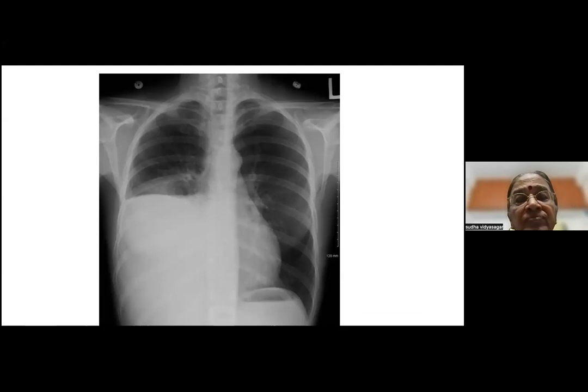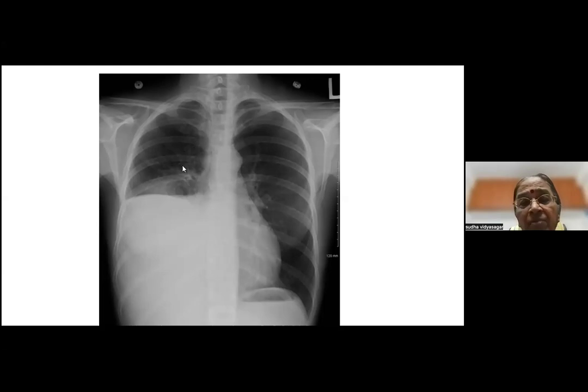Hydropneumo. Hydropneumo without a single shift of the trachea or mediastinum. Dead center. The trachea is right in the middle, and the heart is also sitting right in the middle. Not at all shifted, and we are calling it a hydropneumo. It's not very clear, but you can see the bronchovascular markings here.